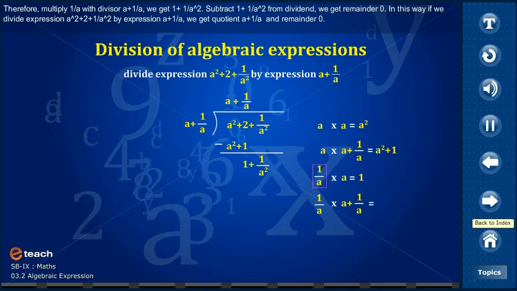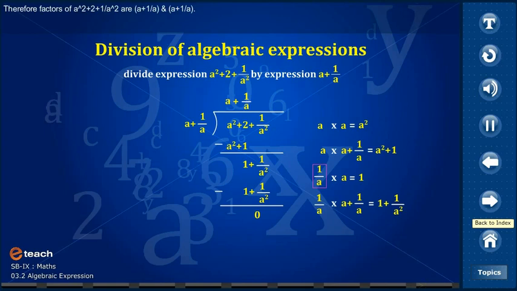We get 1 plus 1 by a square. Now subtract 1 plus 1 by a square from the dividend. We get remainder 0. In this way, if we divide the expression a square plus 2 plus 1 by a square by the expression a plus 1 by a, we get quotient a plus 1 by a and remainder 0.